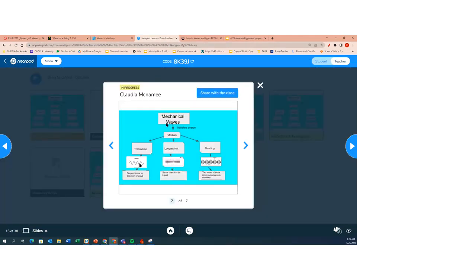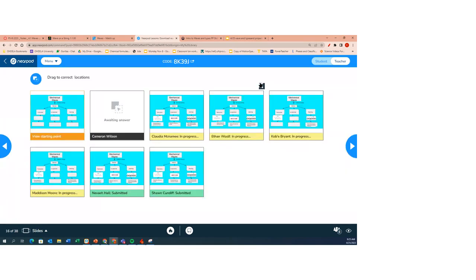All right, Claudia, yeah, transverse wave is that up and down wave. The longitudinal wave is like the slinky, parallel to the direction and same direction. Right, so if you got this, if you need to make a correction on that, do that. Thanks, Claudia. Let's go back to this one.